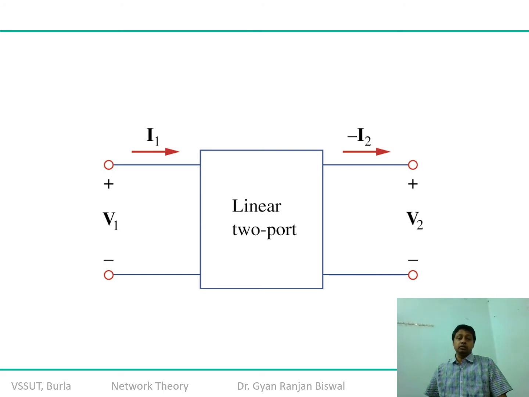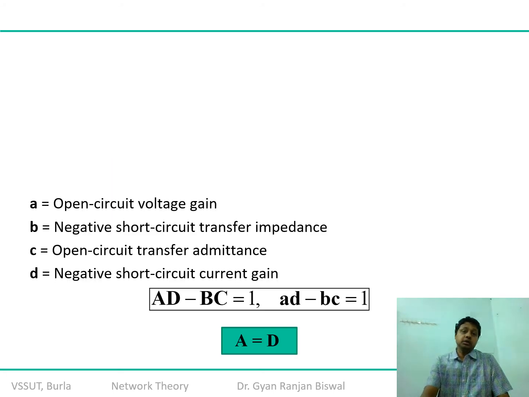That is the beauty or uniqueness of the ABCD parameter, or the transmission parameter. I hope the reason is clear why it is specifically designed for transmission networks, power transmission networks, and why it is so useful as far as the modeling and analysis of power distribution systems and power transmission systems are concerned, primarily power transmission systems.